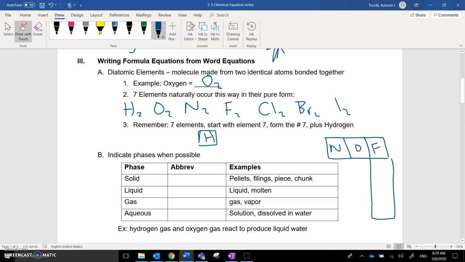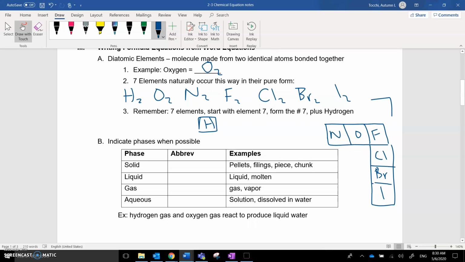And then down below, underneath fluorine, you actually have chlorine, bromine, and iodine. Right, so you can kind of see that this looks like the number 7 on the periodic table. So that is how people remember it.